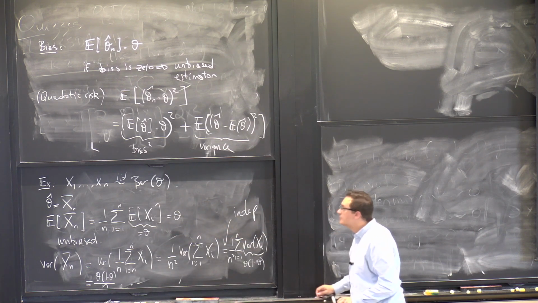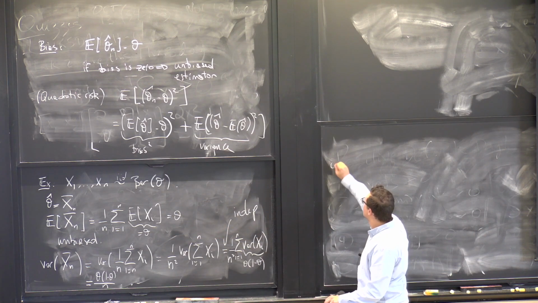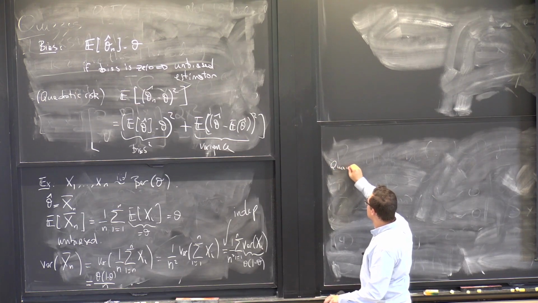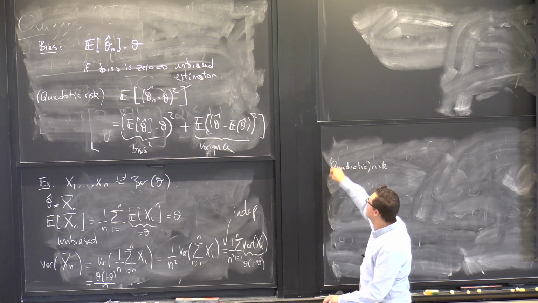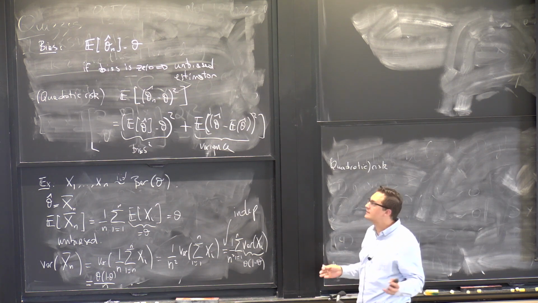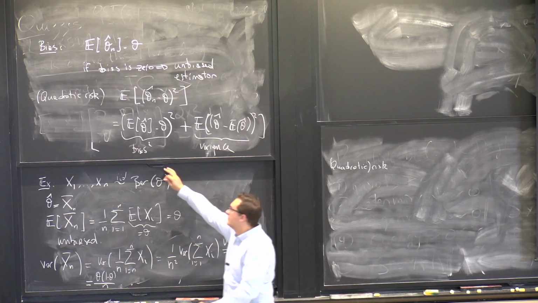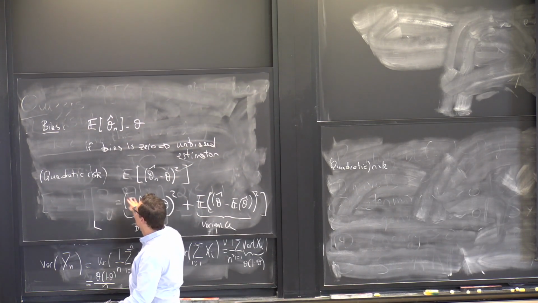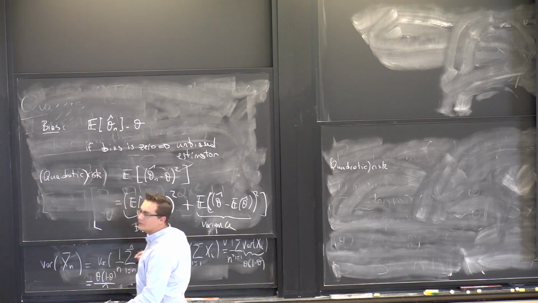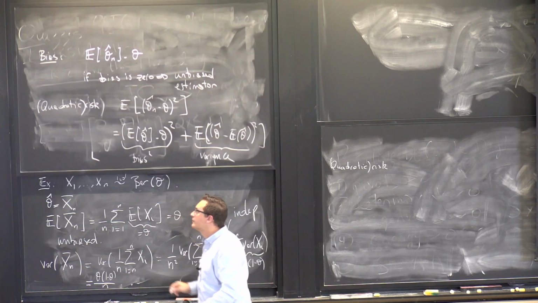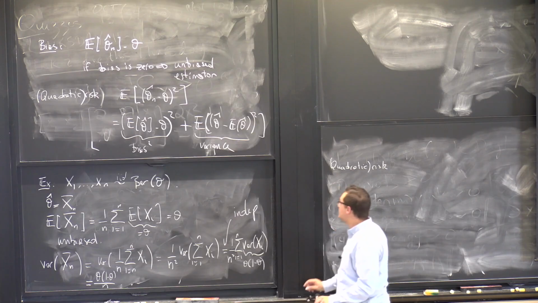So if I'm interested in the quadratic risk, and again, I should just say risk because this is the only risk we're going to be looking at. Yeah, this parenthesis should really stop here. I really wanted to put quadratic in parentheses. So the risk of this guy is what?